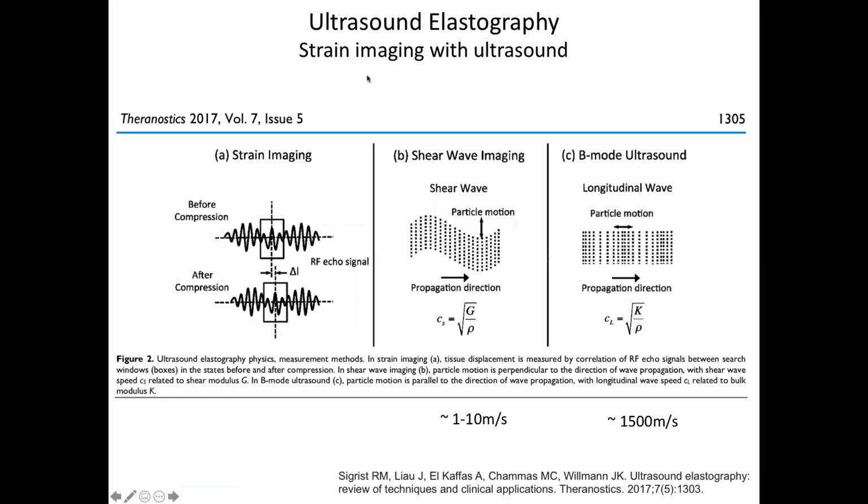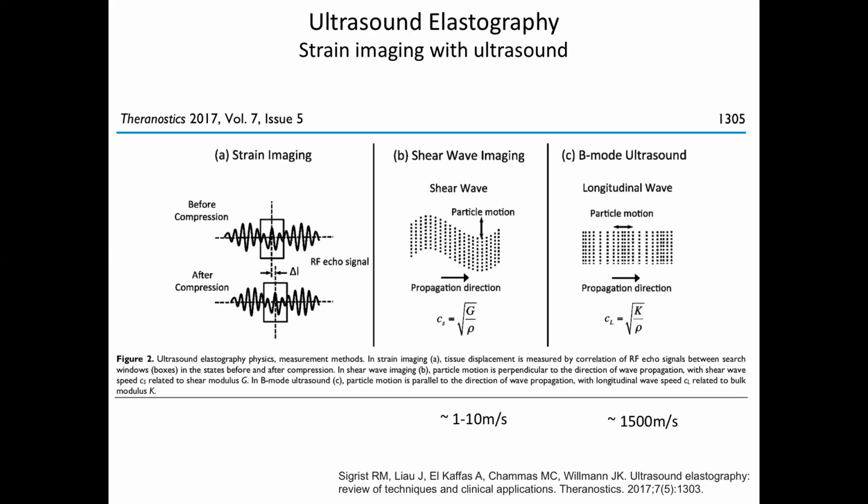Oh, here you go. I think somebody asked a question a few lectures ago about, hey, what would happen if you shot ultrasound in with one transducer and measured it with the other? Well, this is what happens. So you can vibrate the tissue in a transverse direction, and then measure how it affects the ultrasound coming back pre and post that vibration.